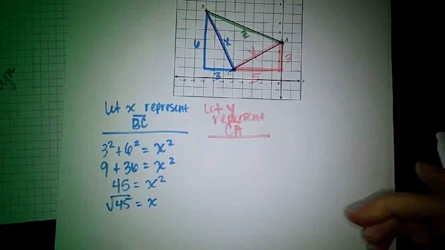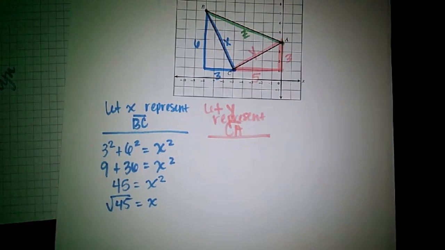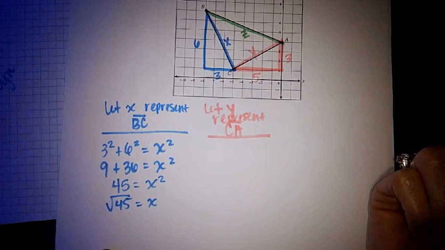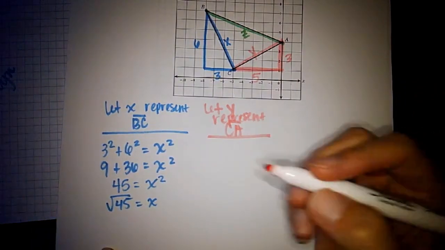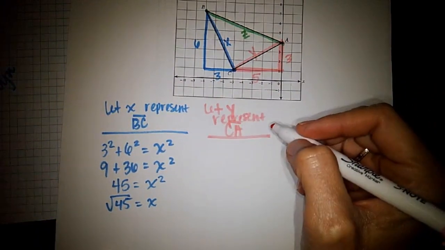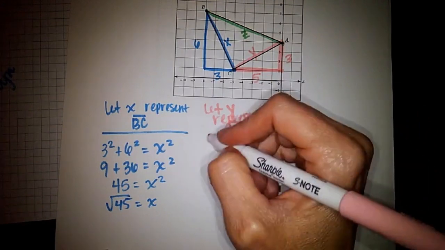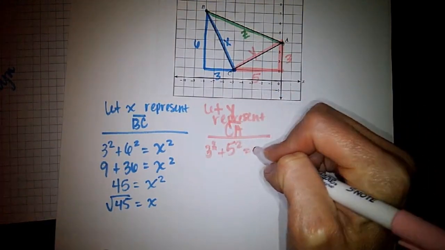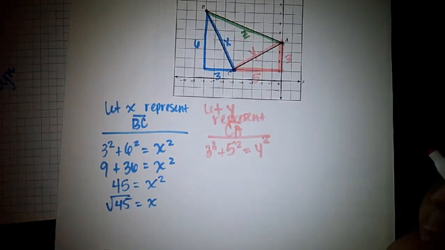And if we do that, we have to put it in the order of A squared plus B squared equals C squared. What's my A going to be? 3. It doesn't matter, it could be either. So 3 squared plus 5 squared equals Y squared.